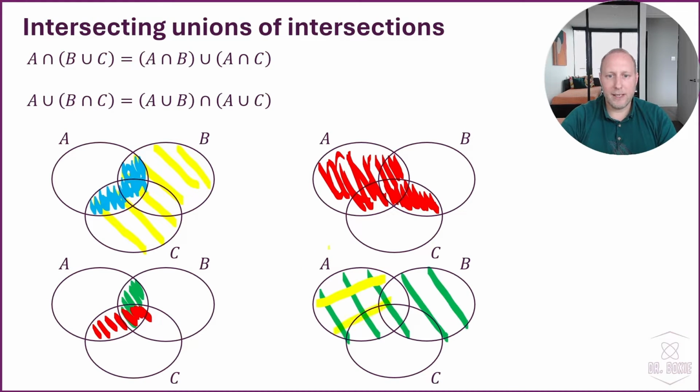So it's all of A and all of C. And what is the intersection of those two? Well, the parts that are colored in green and in yellow are all of A and this part here, which is exactly the same set as the one we had above. So these laws are known as De Morgan's laws.